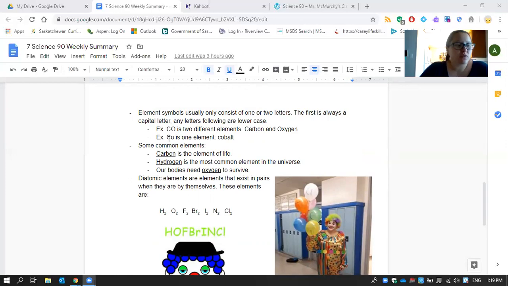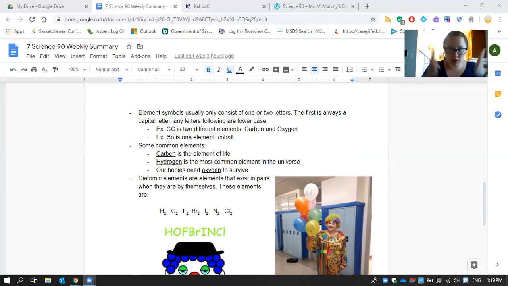All right, so then next we also talked about some common elements, and there were a few more listed, but I just picked out my top 3 favorites and very common elements that you might see. The first one is carbon, and that is the element of life. In all living things, in all organic things, you will have at least some sort of carbon atom, and it's usually connected with a hydrogen, sometimes oxygen, maybe a few other elements.